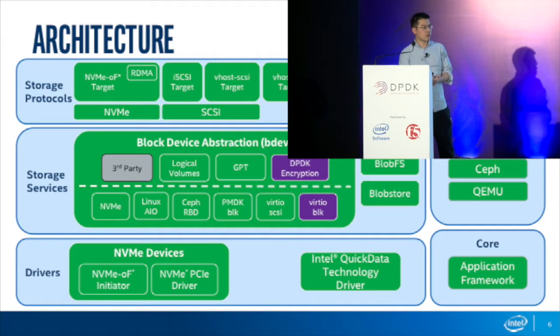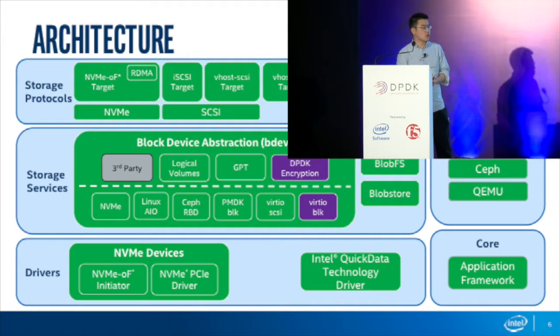Then, as the previous speaker said, we can use this component to connect to the SPDK vhost backend. And with such components, we can build accelerated user space applications. For example, we can build a user space iSCSI target, and also the user space vhost SCSI and block target.